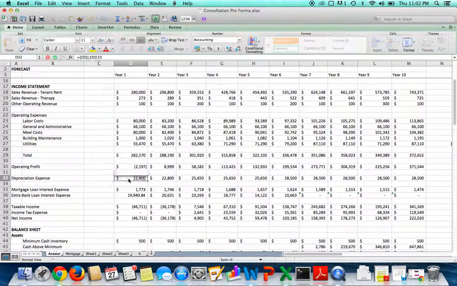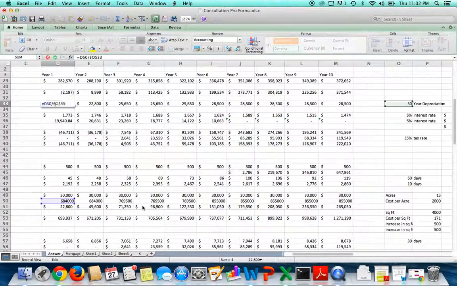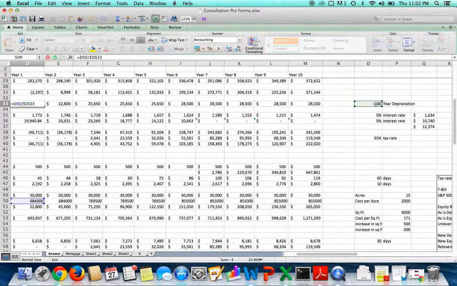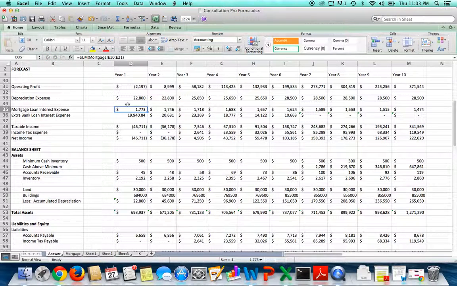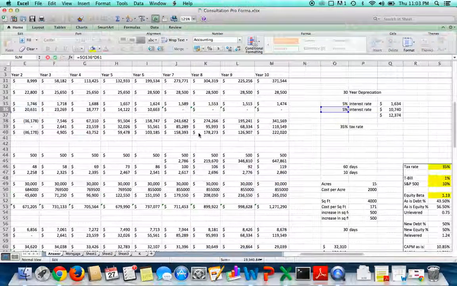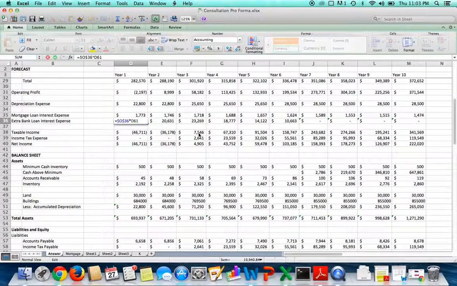Our depreciation expense is tied into our building, and that had a 30-year life. And then our mortgage loan interest expense is our mortgage, and it has a 5% interest expense. Our extra bank loan interest expense has a 5% interest rate.